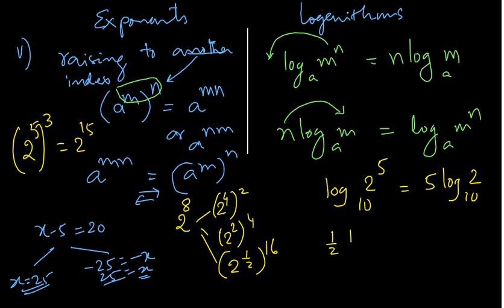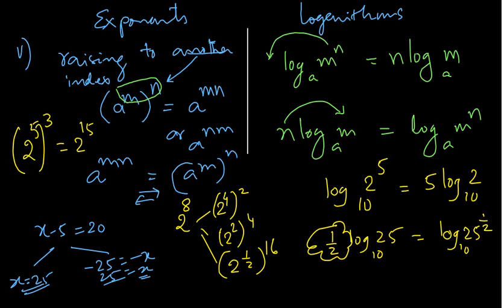So you can take this to log 25 to the power of half, base 10. The half can be taken up, or the 5 can be. When you want to make it empty, you can take it to the top.